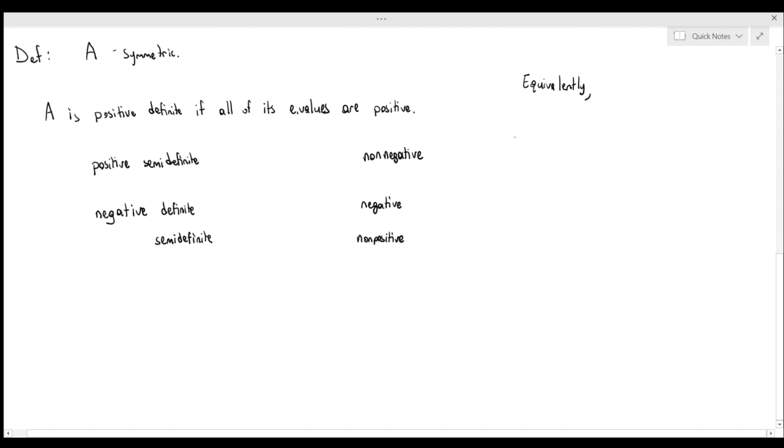Equivalently, we can say that A is positive definite if X transpose times A times X is greater than 0 for every X that's not equal to 0.